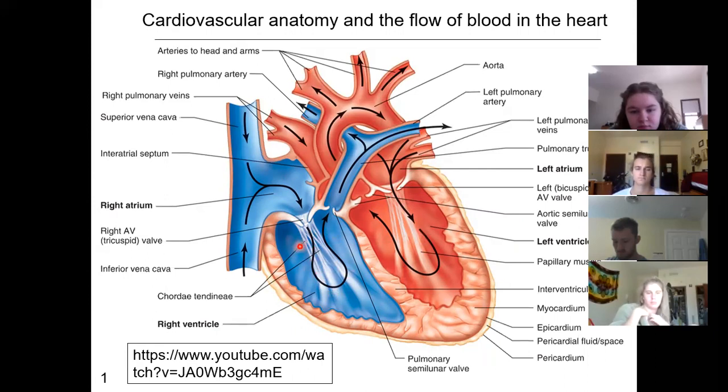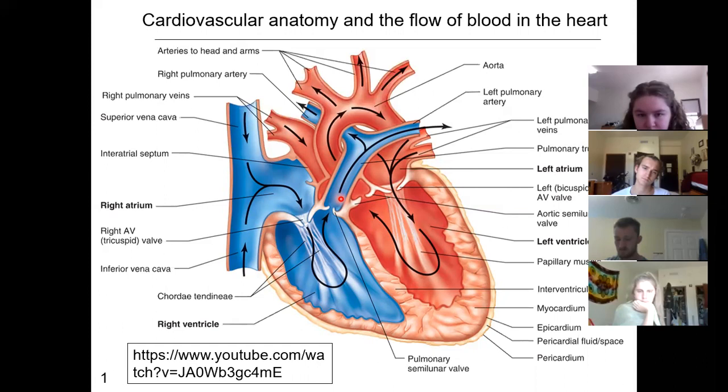That pressure in the right ventricle closes the tricuspid valve, opens the semilunar valve, and forces blood from the right ventricle into the pulmonary arteries, where it goes to the lungs.